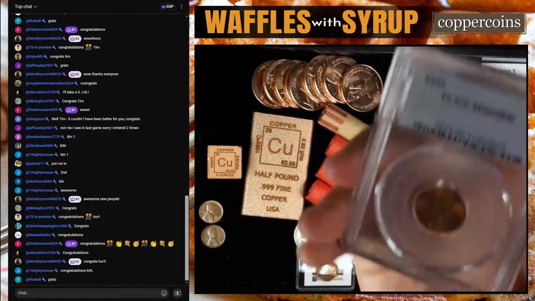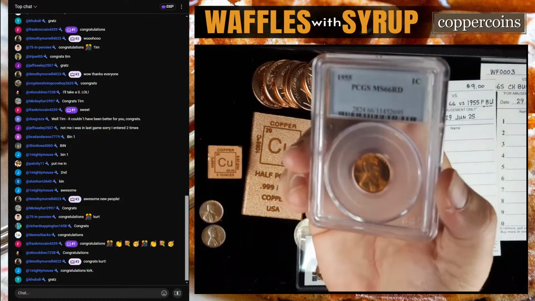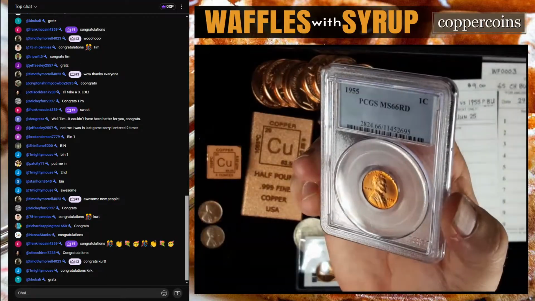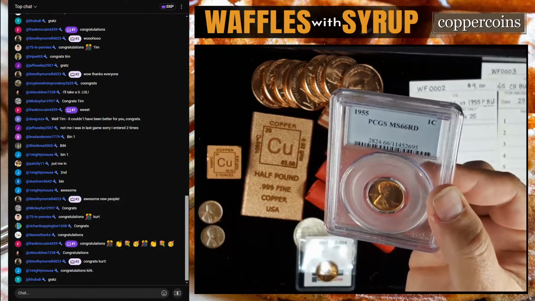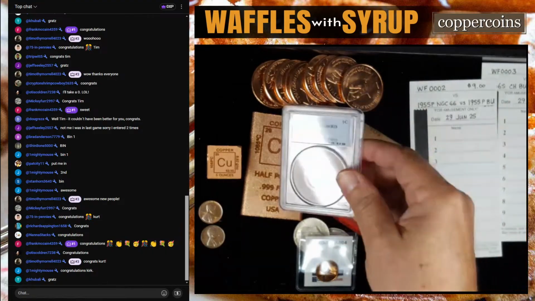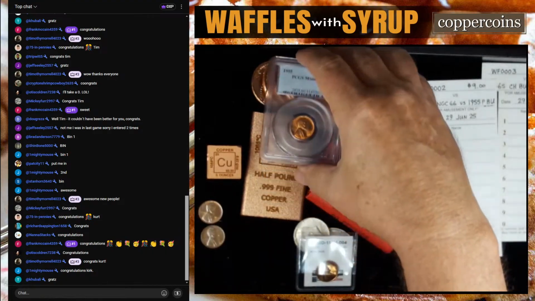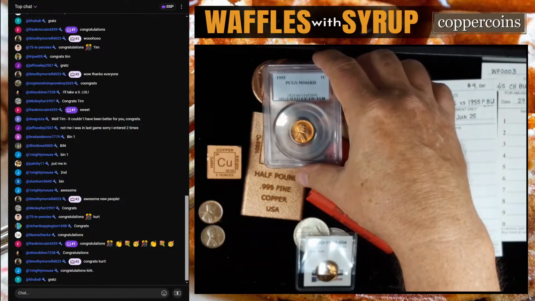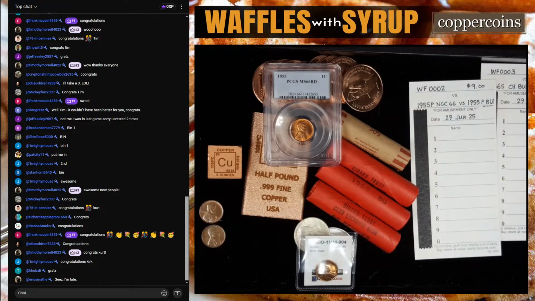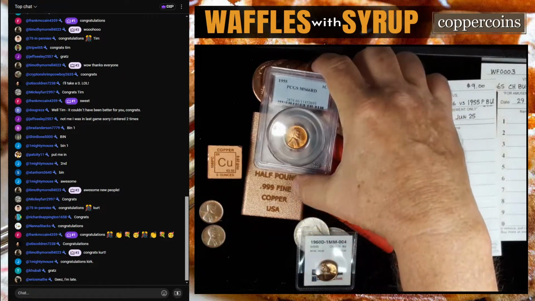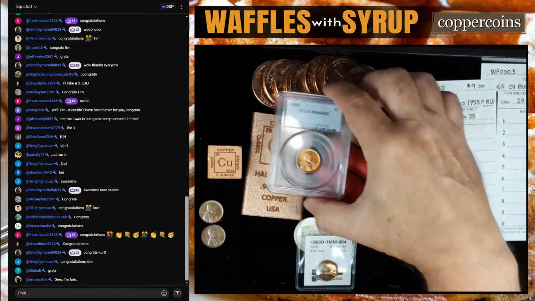Okay, so that is the big one. The little ones are 1 each. Nice choice to gem BU 1955 Lincoln cents in a flip. So we've got a $6 coin versus a $45, $50 coin. That's what this is, $45 to $50.